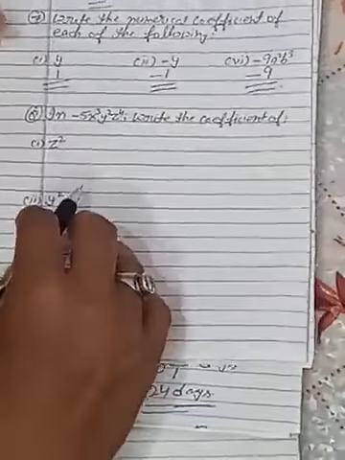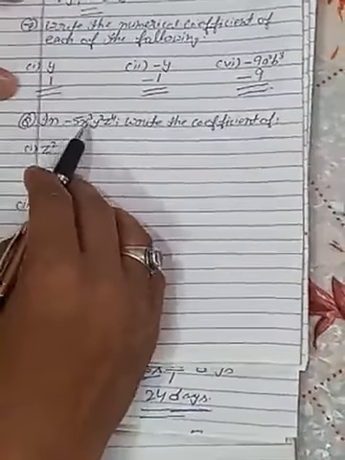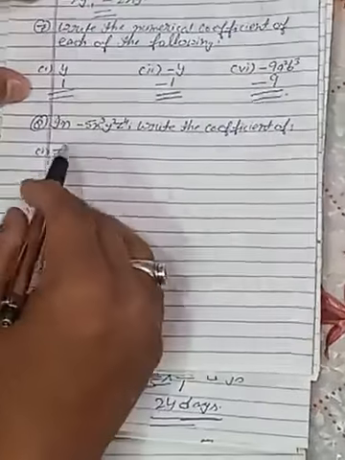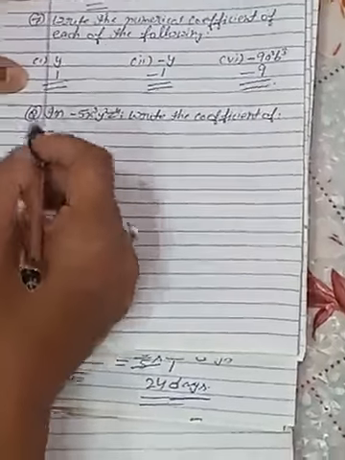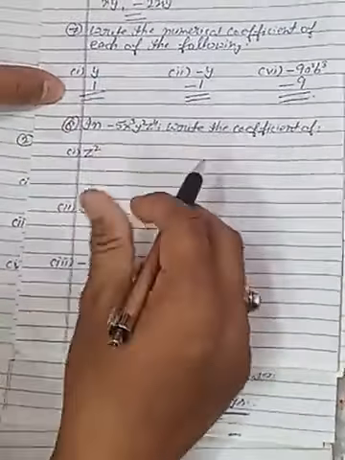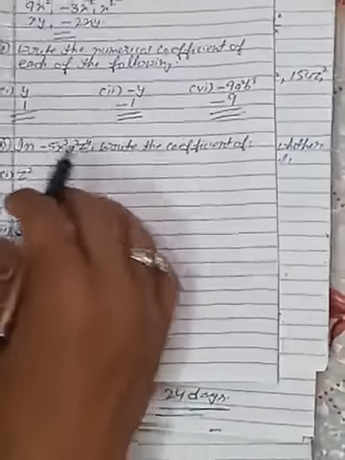Move to the eighth. In minus 5x cube y square z4, write the coefficient of z square. So we have done this type of sum previously. That was this third sum. It is same as third sum.